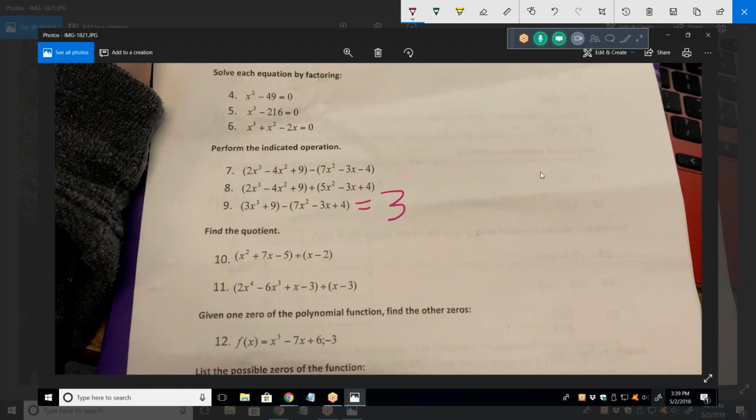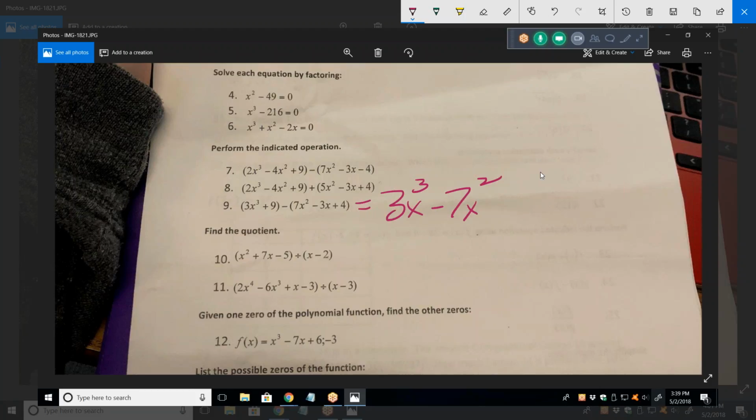3x cubed. And then minus 7x cubed. Minus 7x squared. And then 3x. Give me a sign. When I'm writing a polynomial, I got to have a sign in front. If I just write 3x, it has no meaning.